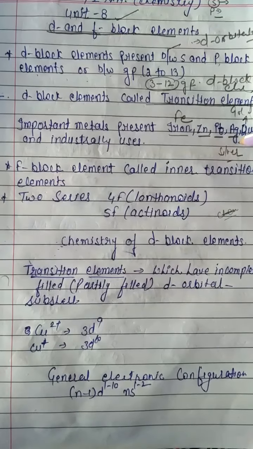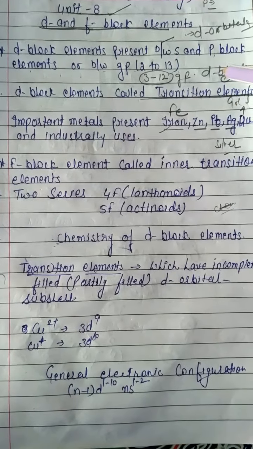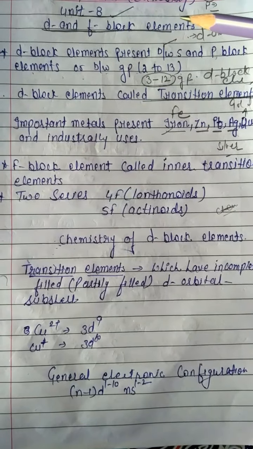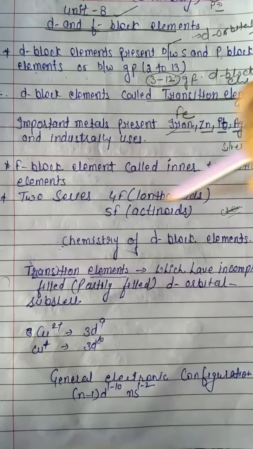In this chapter, we also discuss the industrial uses of D block elements, where they are used and how they can be prepared.